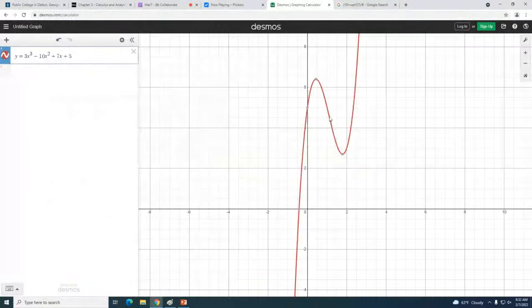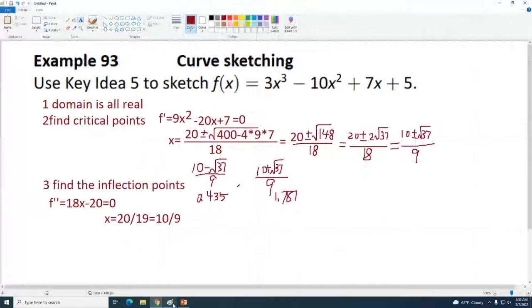Just right in the middle, 10/9, it's right in the middle of these 2 points. We can also find the decimal, like 1.111 repeated. That's the inflection point. Any questions?